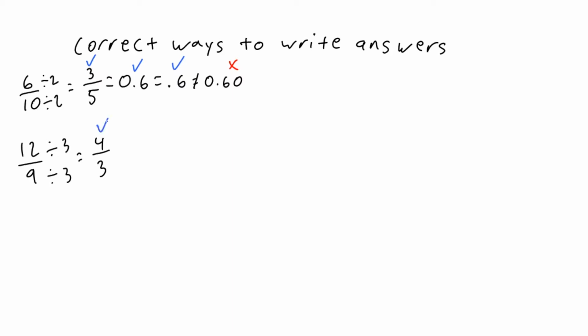This is a correct way to write the answer. It's known as an improper fraction, where the bigger number is on top of the smaller number. That's okay. I know in elementary or middle school you may have been taught you want to turn things into mixed numbers. You can, and we'll talk about how to do that, but I am perfectly fine with you leaving it as an improper fraction.